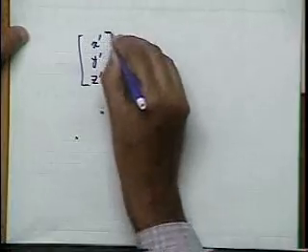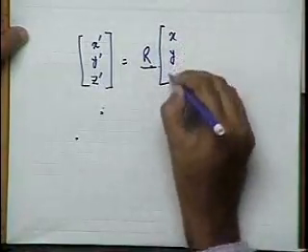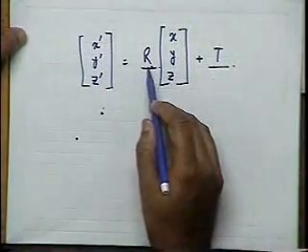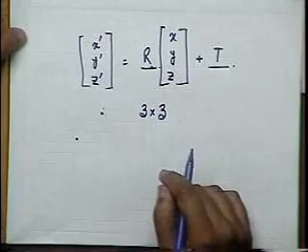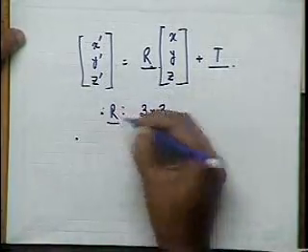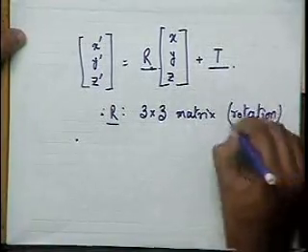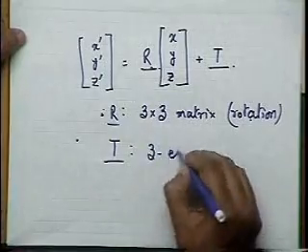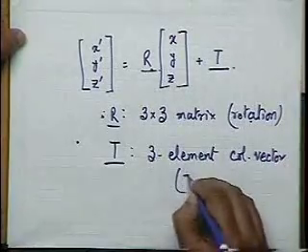X prime, Y prime, Z prime will be the multiplication of a matrix R, which is a 3 by 3 orthonormal matrix indicating rotation, plus T, which is a 3 element column vector indicating translation.